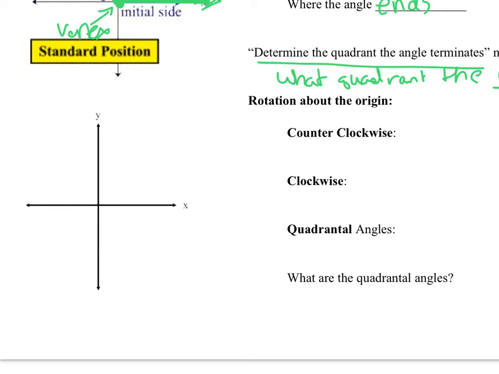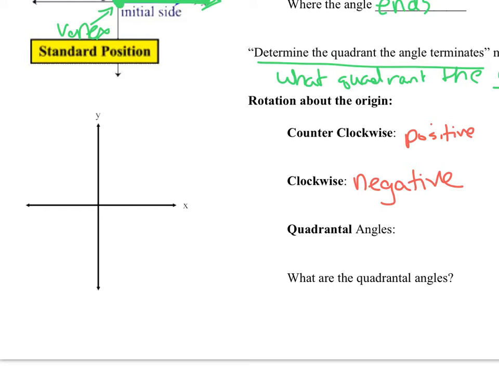All right, so counterclockwise is the first way to measure, and counterclockwise is the positive direction. So if you have a positive angle, it's going to go counterclockwise, and if it's a negative, it's going to go regular clockwise. Okay, so it's all related to the initial side and the terminal side.